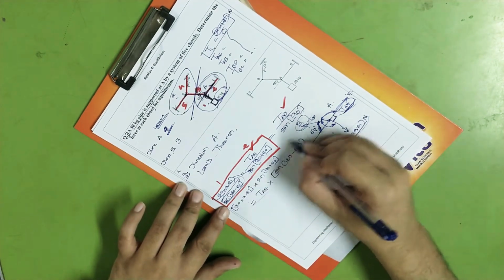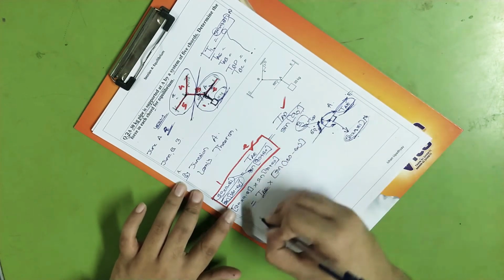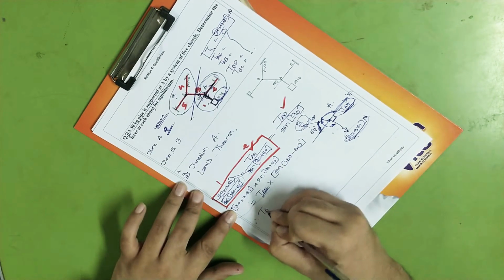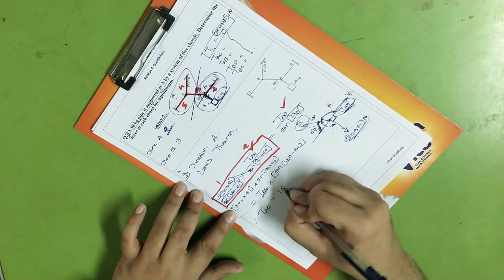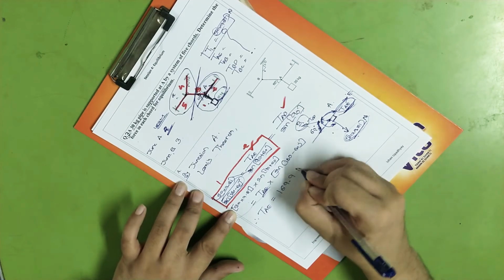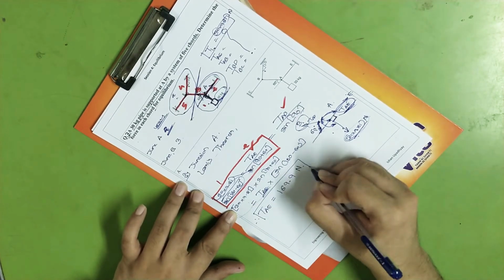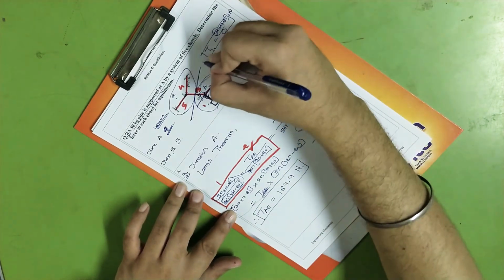You can see that in this equation there is only one unknown, that is TAE. By solving this equation we'll get the answer of TAE as 169.9 Newton. So that is my first answer. Here you can see that I have got T1.